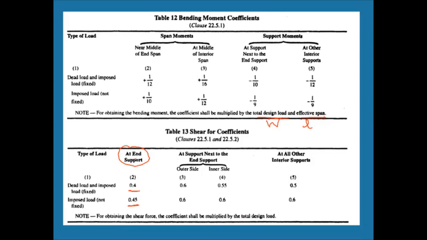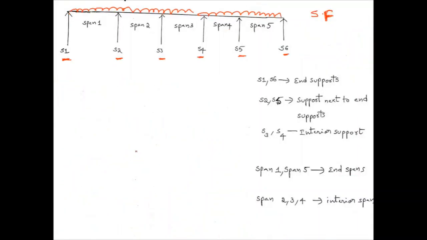Suppose on this span the total load is W, then to determine the shear force at S1 and S6, we take 0.4 WD plus 0.5 WL simply.